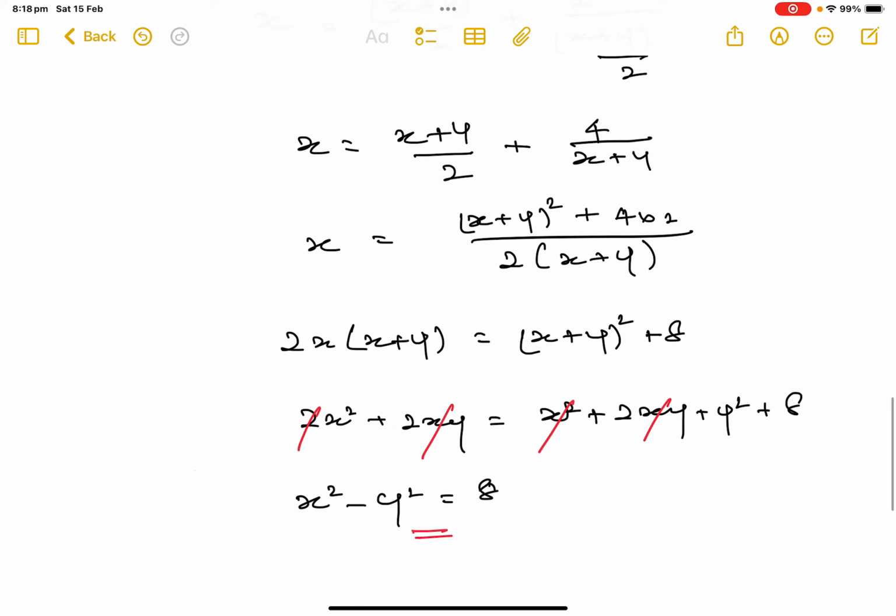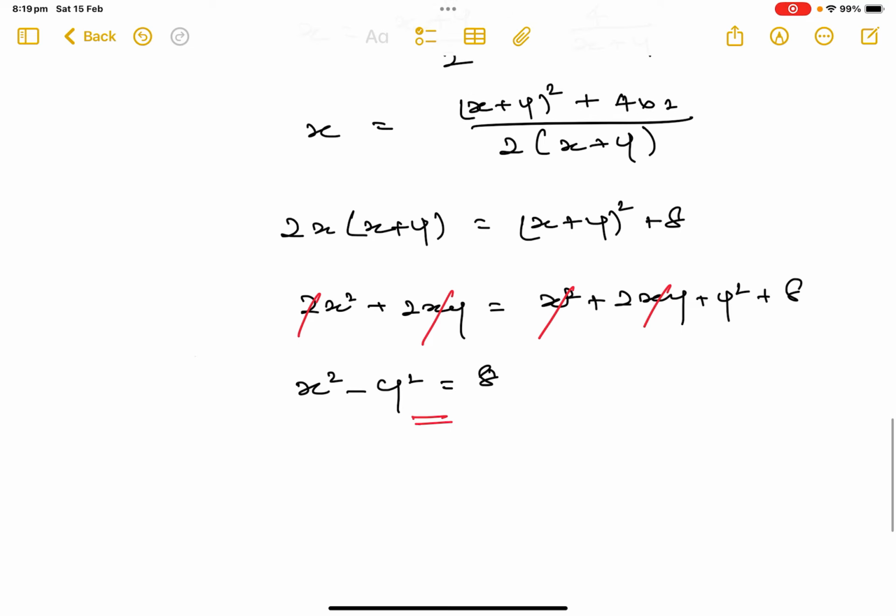LCM 2 times (x plus y), then it is (x plus y) squared plus 4 times 2. If you cross multiply, 2 times (x plus y) equals (x plus y) squared plus 8. The left hand side is 2x squared plus 2xy, and the right hand side, if you expand it, x squared plus 2xy plus y squared is a standard complete square, plus 8.